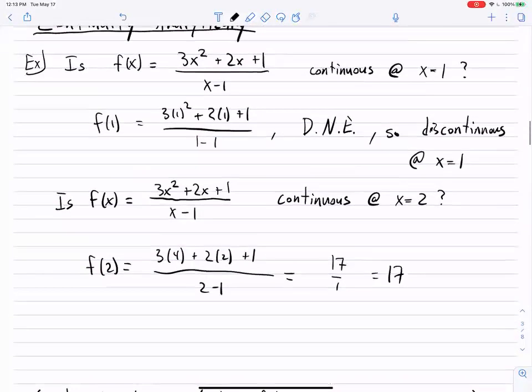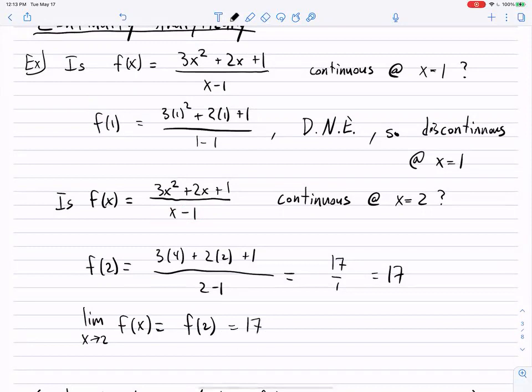And this is a polynomial over a polynomial, so the limit as x approaches 2 of f of x is just equal to f of 2, because it's not 0 on the bottom. We already plugged it in. It equals 17, so it is continuous.